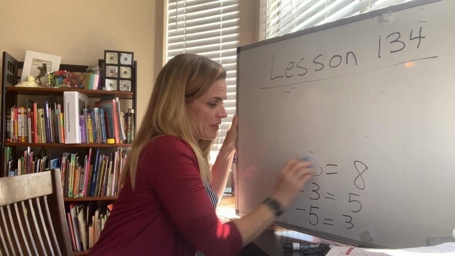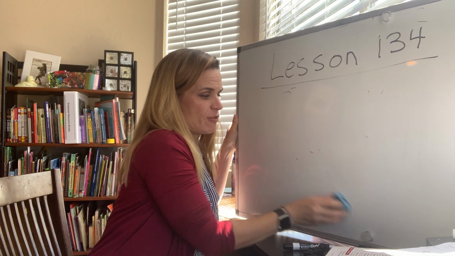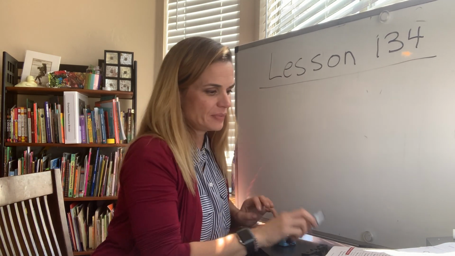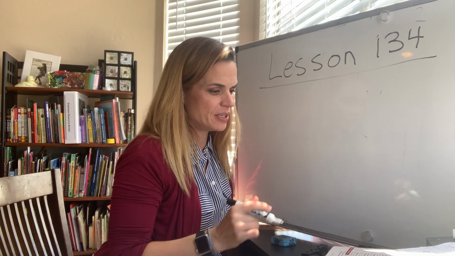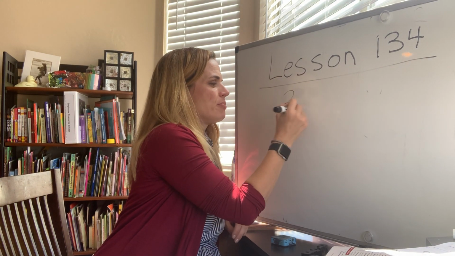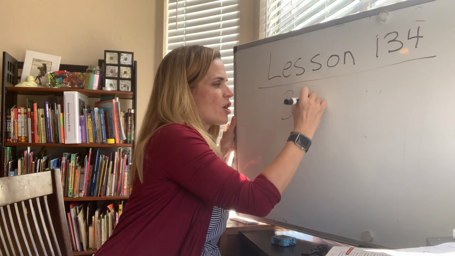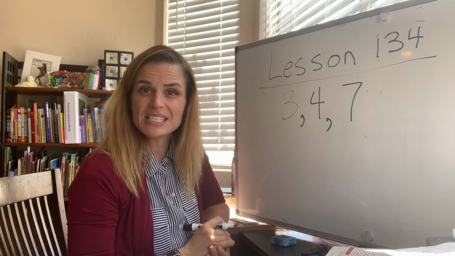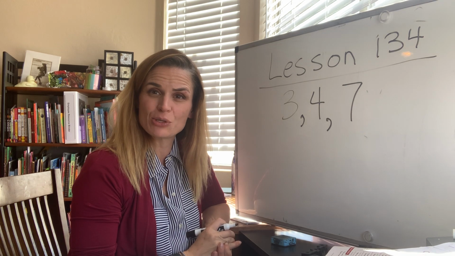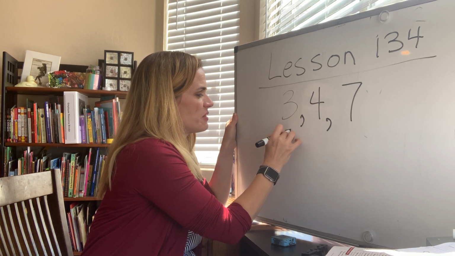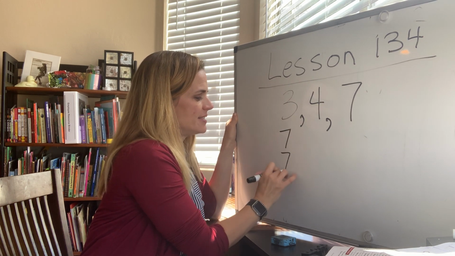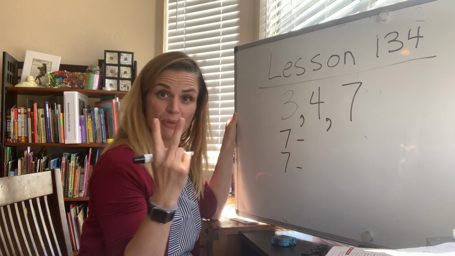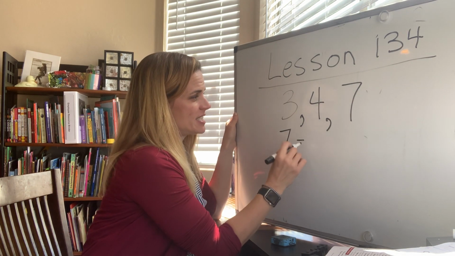Next fact family, we'll be using the numbers 3, 4, and 7. Why don't we start with our subtracting facts today? For this one, 7 and 7. We have 2 subtracting facts, right? 7 minus 3.